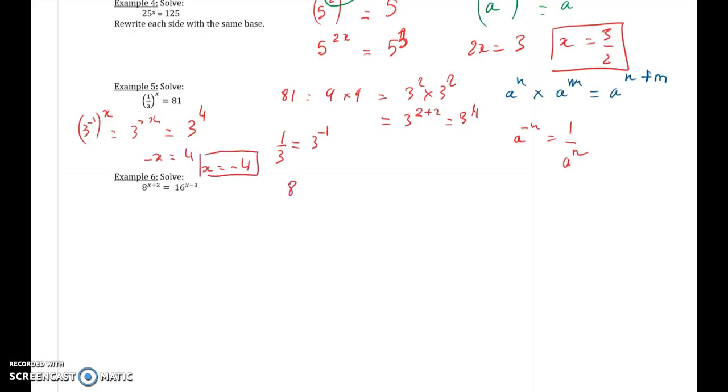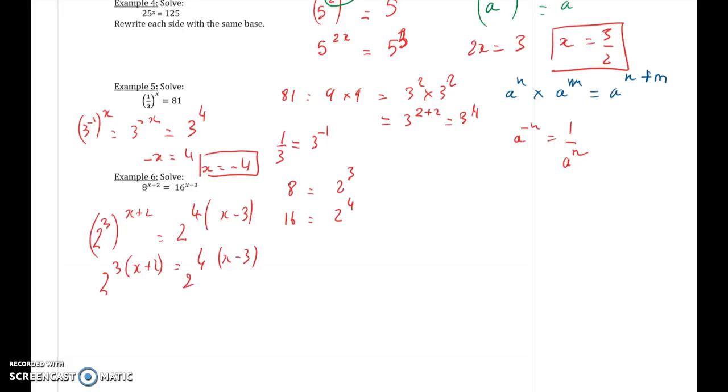Again, take 8, that is 2 cubed, and 16 is a multiple of 2, 2 to the 4th. So I end up having 2 cubed to the x plus 2 equals 2 to the 4 to the x minus 3. I don't need this parenthesis right here. 2 to the 3 times x plus 2 equals 2 to the 4 times x minus 3.